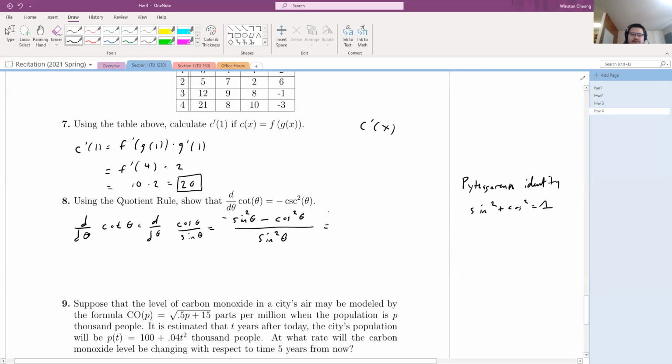You actually have the negative of it. So imagine that you pull out a negative, then what you end up getting is a -1 on top. And then you have sine squared in the bottom, which is just cosecant squared. Okay. And so that's how the whole proof goes.